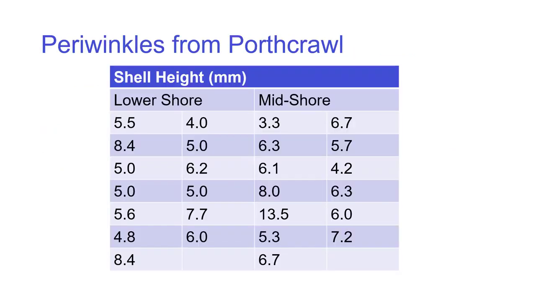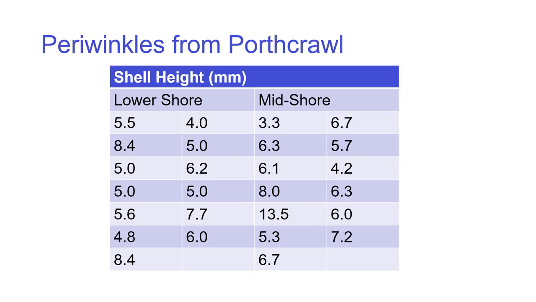So here's a set of data that comes from periwinkles on a beach in Porthcawl, which is in Wales. What you've done is collected periwinkles, which are small sea snails that you find within the sand on beaches, and you've collected them from 2 different regions of the beach, the lower shore and the mid shore.